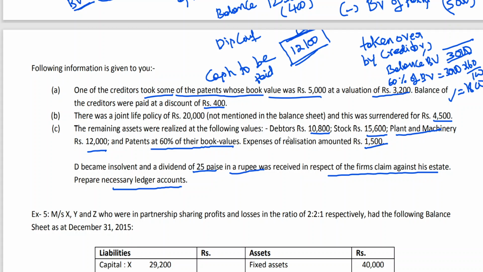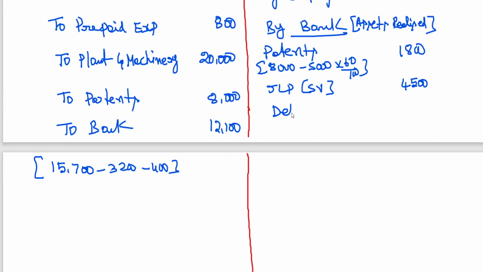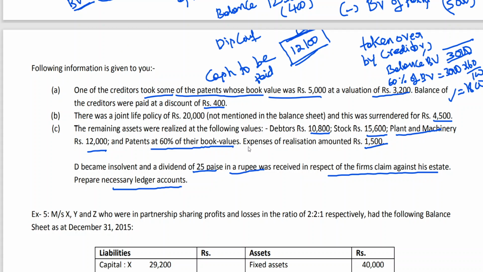The remaining assets are realized at the following values. So how much? 10,800. I'm writing URA. URA means unrecorded asset in this problem. You'll understand that. Debtors realized for 10,800.